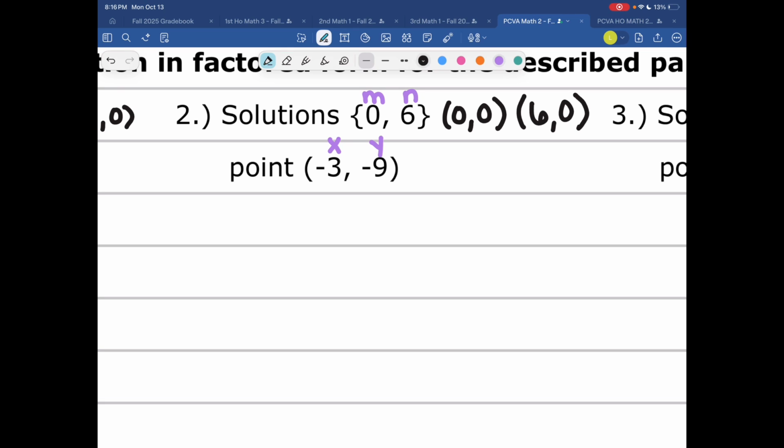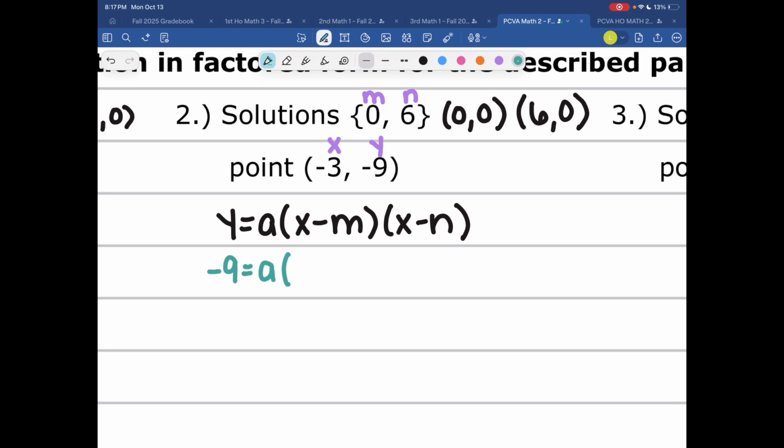All right, so if we start with our original format of a times x minus m times x minus n, we're going to substitute what we have in this problem. So my y value is going to be negative 9. We do not know the a value, which is what we're trying to find. The x is negative 3 minus m is 0. Then we have another x of negative 3 minus 6.